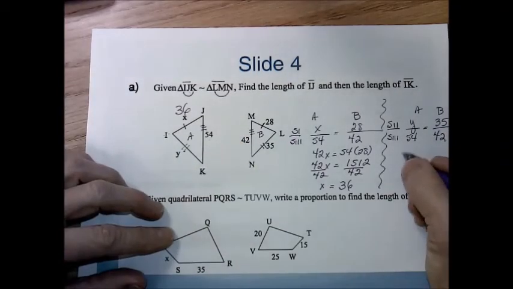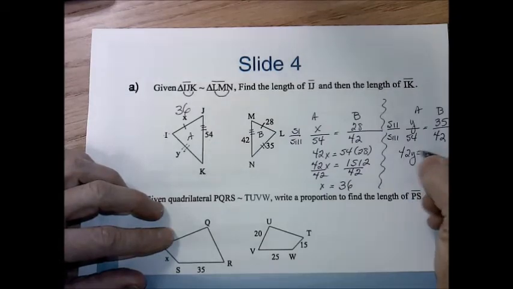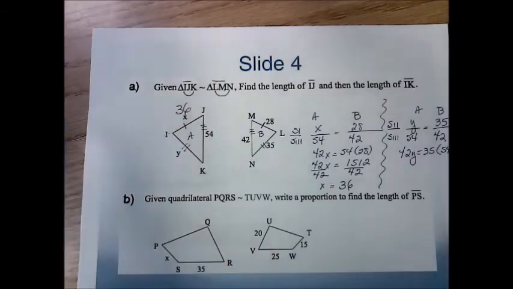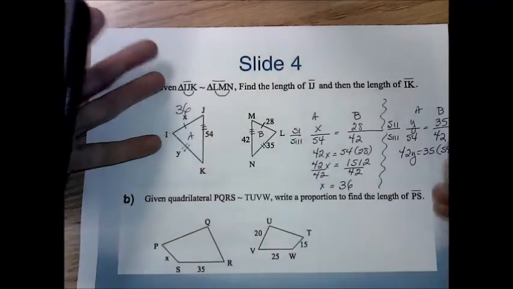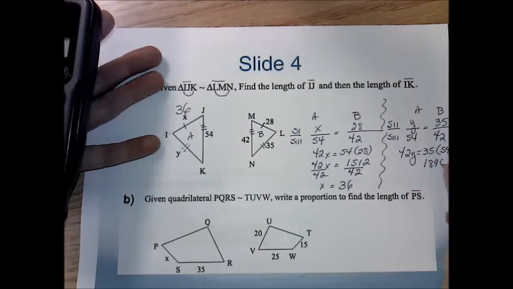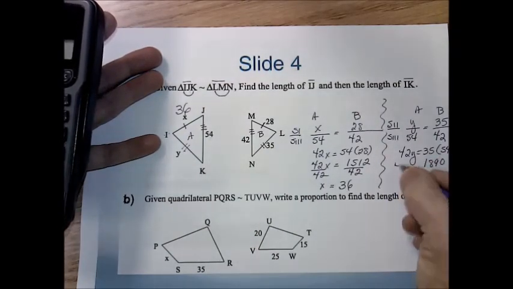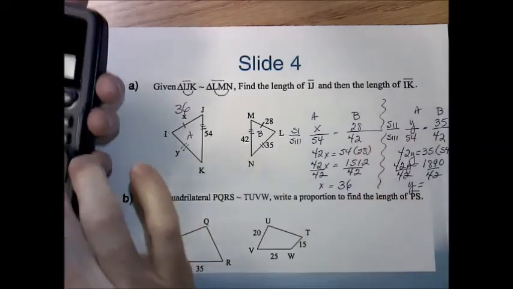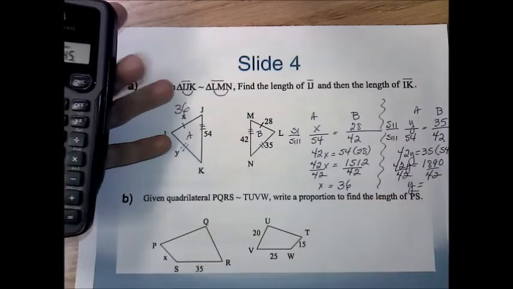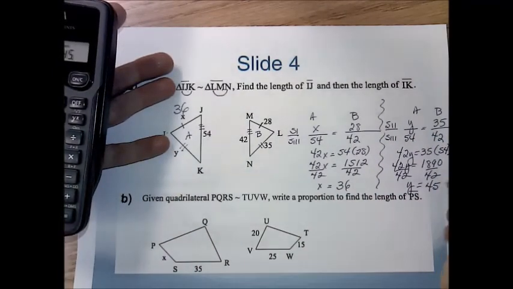So we would have 42y equals 35 times 54, and 35 times 54 comes out to 1,890. Then we divide both sides by 42, and y would be equal to 45.